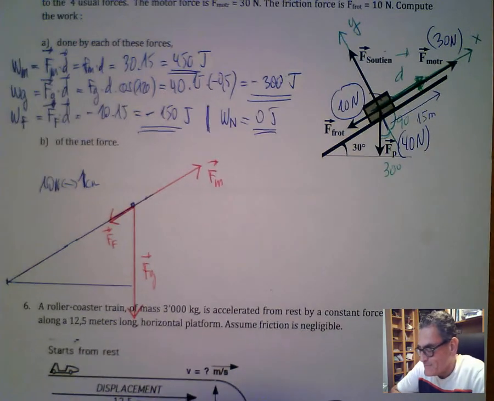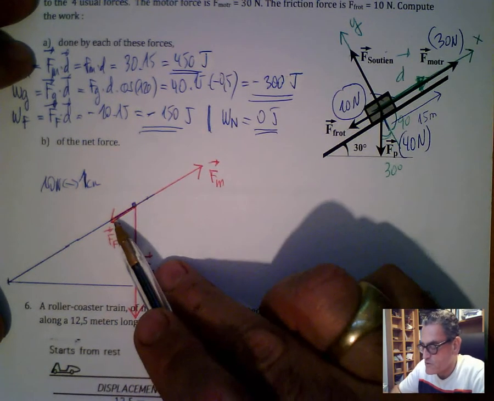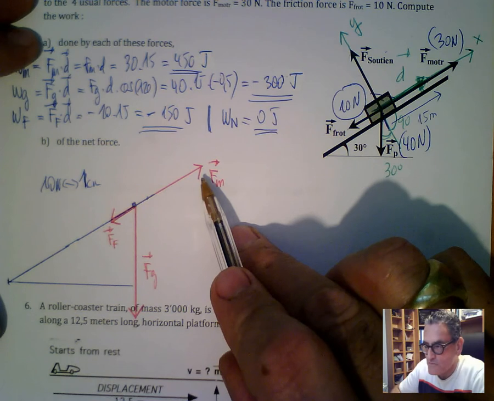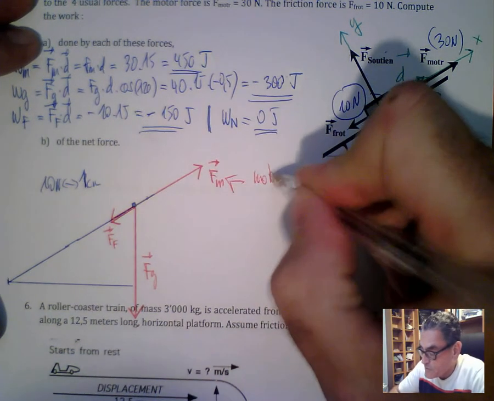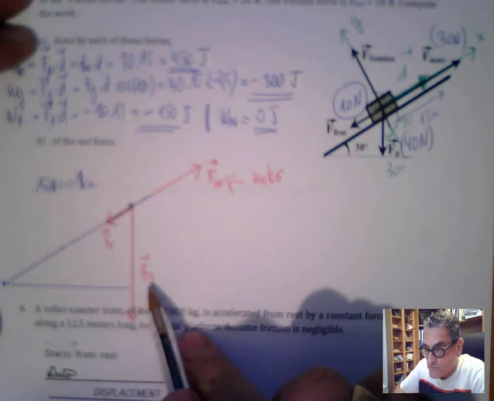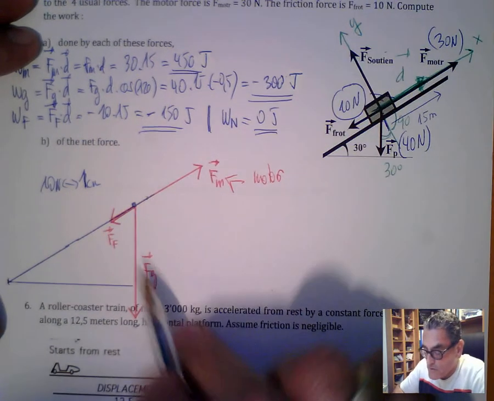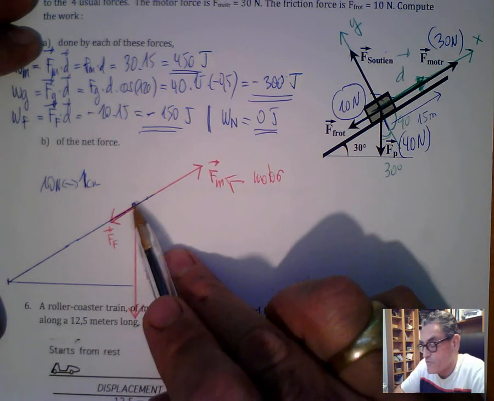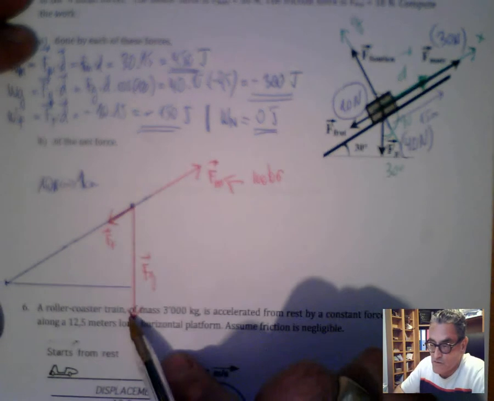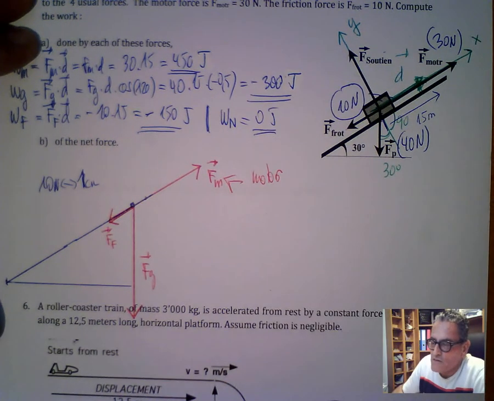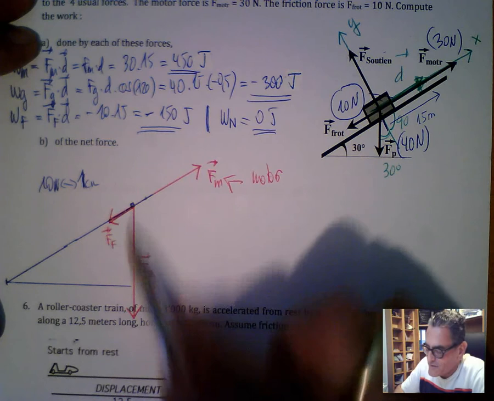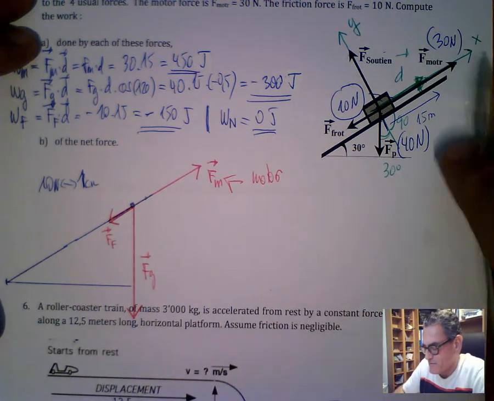Now you should understand where the friction force and the motor force come from. The motor force comes from the motor. It doesn't come from the gravitational force. The friction force comes from the friction. It doesn't come from the gravitational force. It is influenced by the gravitational force, but it's not related to the gravitational force.